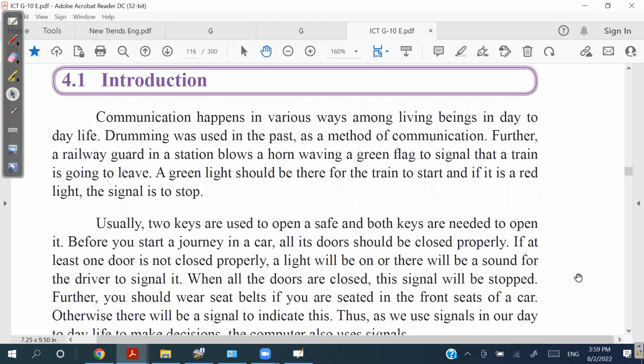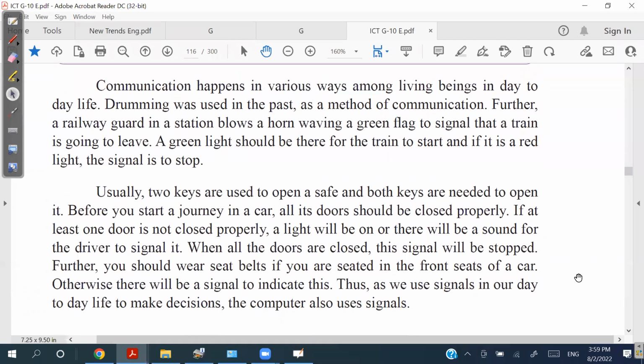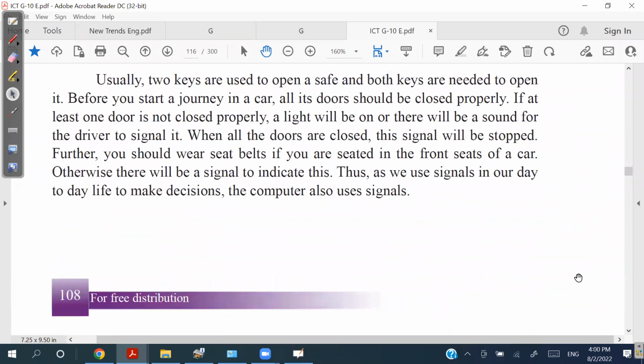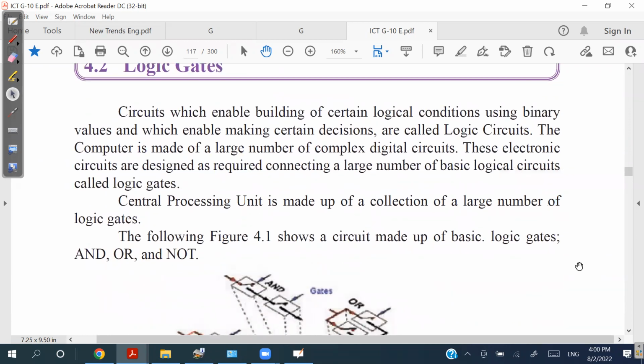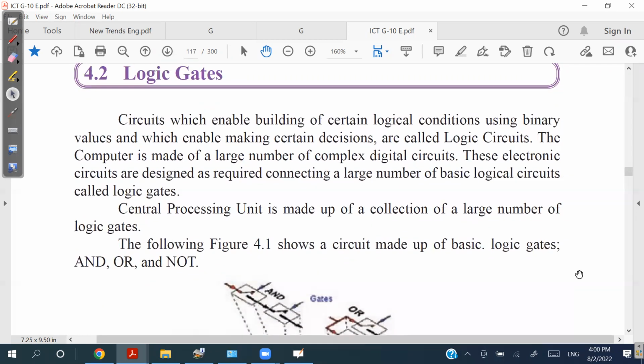Let me see what to be written. Yeah, you better write this particular one.